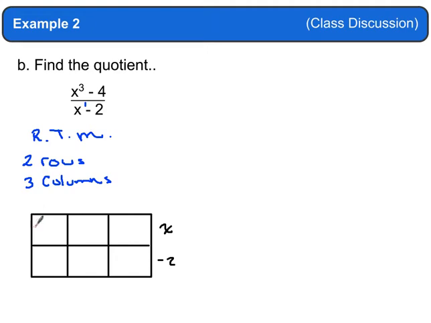We draw our arrows around the side. This is where our dividend is going to go. And so we put x to the third, we put 0x squared, so we have our quadratic, we have a 0x, and then a minus 4. So we put our x to the third into the box. We divide x to the third by x, we get x squared. We then multiply that x squared by negative 2, so you get negative 2x squared.